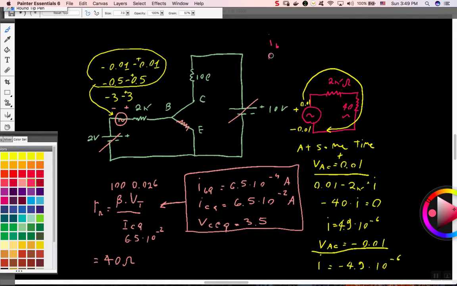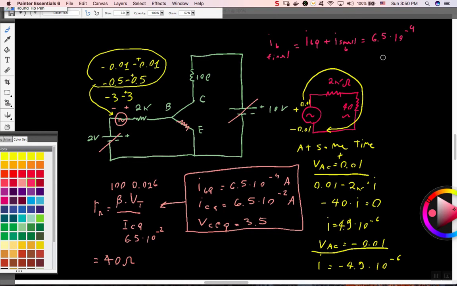Let's say IB final. We have IBQ, which is the large signal contribution, plus we have the I. I don't know how to designate it, but we can call it I small b. Well, of course, I small b varies. IBQ is fixed at 6.5 times 10 to the minus 4.